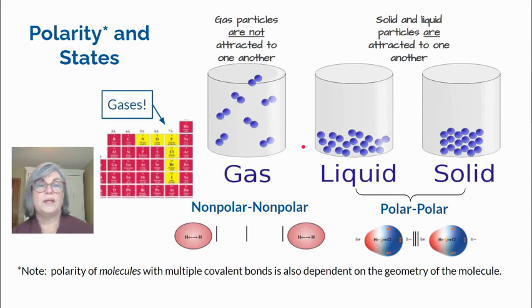Okay. Now, where we can apply this is when we take a look at the states of matter for particularly the diatomic gases. Okay, if we look on our periodic table, the one that I gave you has little balloons, which stands for gas, in all of these except for bromine and possibly iodine.